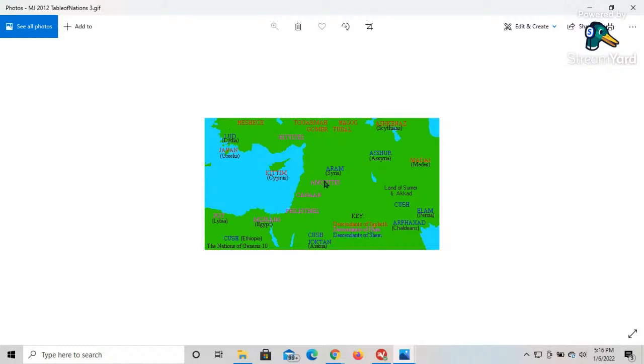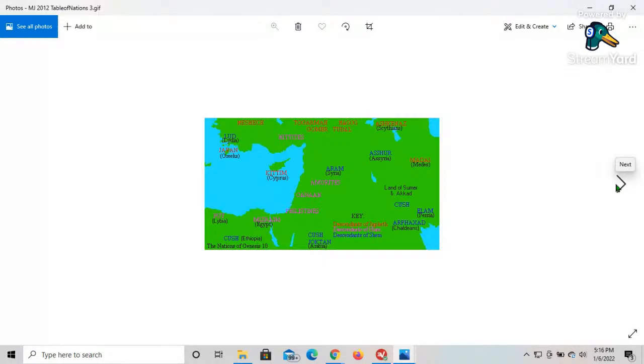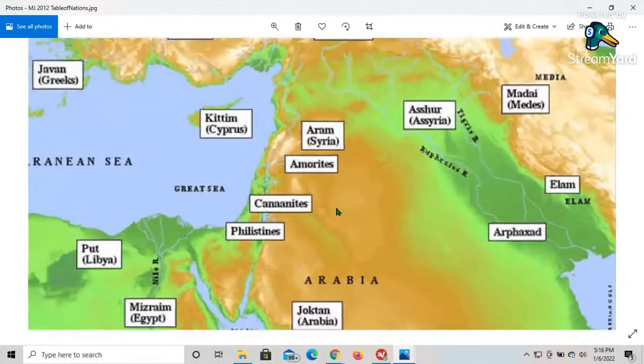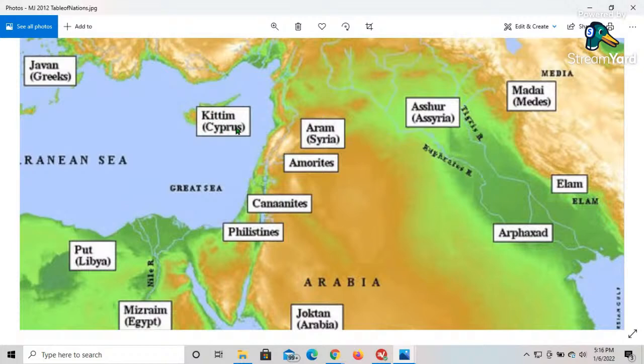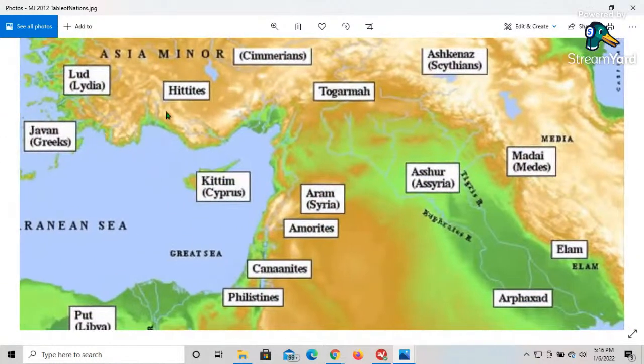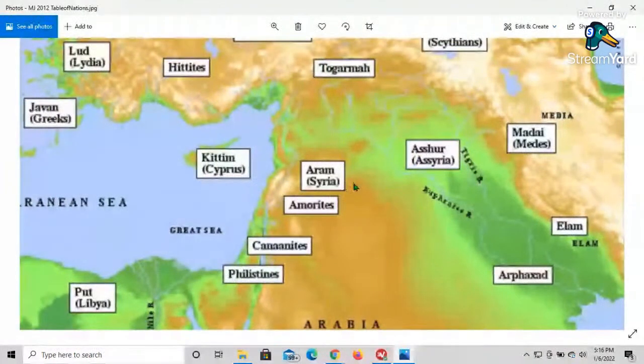Same thing here. Can't see it. It's not zooming in, but it's all the same thing. See, here we got the Javan Greeks, Lud, Lydia, which is Semitic, Hittites, which is Canaanite, Aram, which is Syria, Asher, which is Assyria.